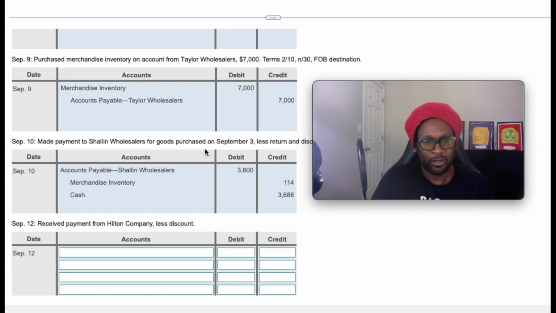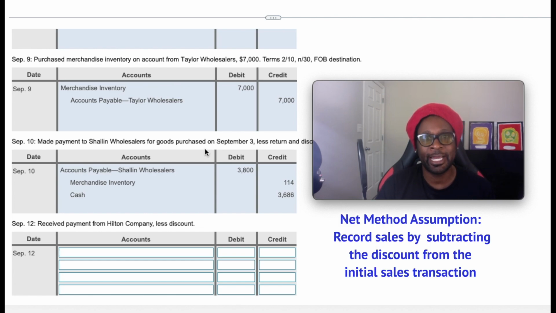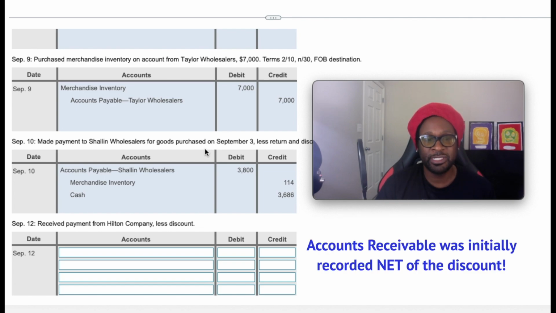Excellent job. On the 12th, we received a payment from Hilton less the discount. So all right, gang, we're flipping and flopping. Now we're back on the selling side because we are collecting on an account within a discount term. But remember, gang, when we're on the selling side, we automatically adjust our revenue upon the initial sale transaction, assuming that the customer is going to take advantage of the discount, which means that this collection on account has already been netted for that amount.